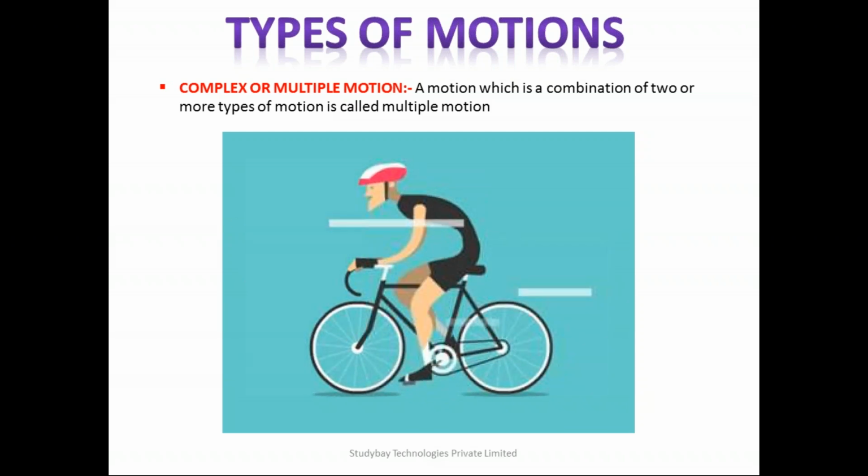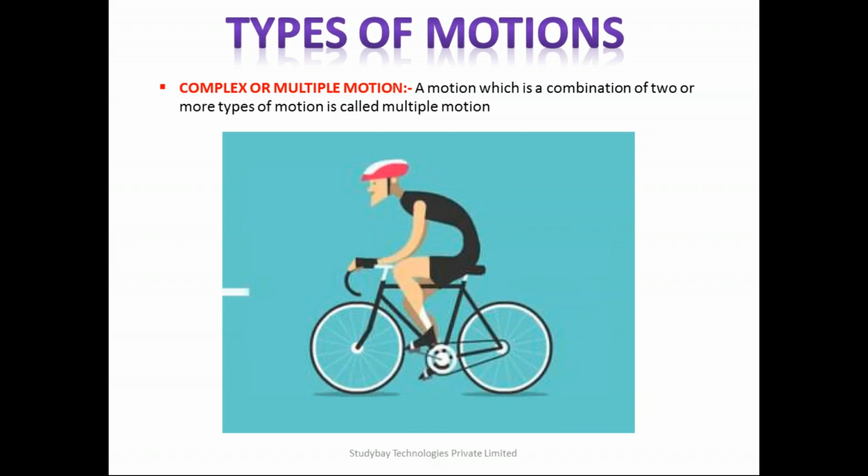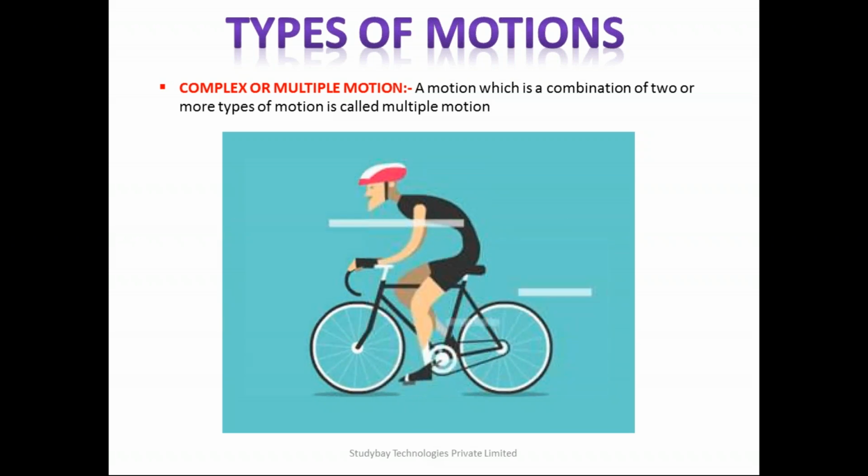It is an example of multiple motion because the wheels are in rotatory motion, but the cycle is traveling ahead. So the cyclist is moving ahead in rectilinear motion, but the wheels are moving in a curvilinear motion. Those kinds of motions are called complex or multiple motions.